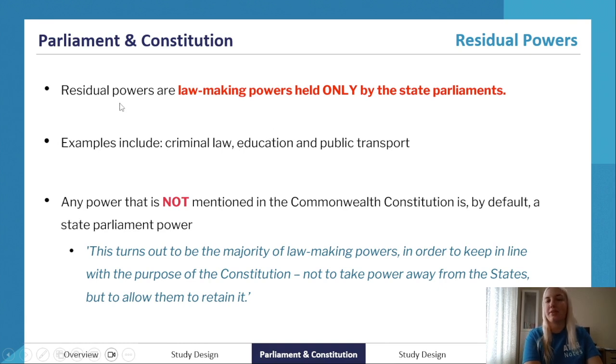So every state also has a different education system. So the ATAR, all students get an ATAR across the country, but all the systems under which you study and the layout of subjects are different depending on the state that you are in.